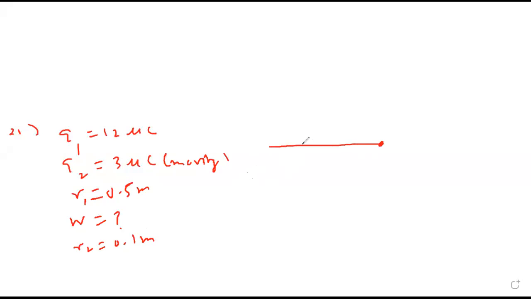Suppose this is Q1, this is Q2. At some point A, we brought it to B, where this distance is reduced to 0.4. So this is R2 = 0.4, this is R1 = 0.5. What is work done?